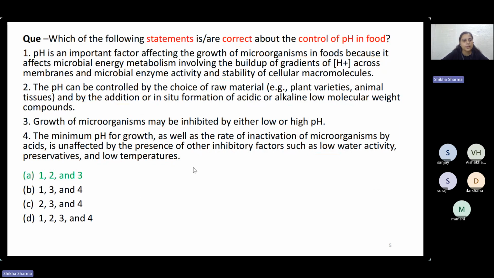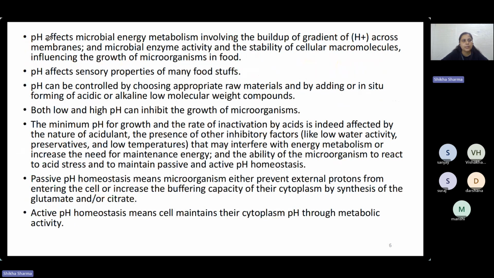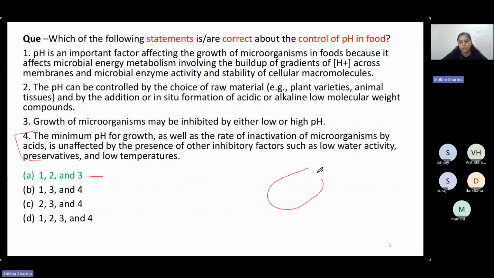A is the correct answer. So 1, 2, and 3 are the correct statements, and the fourth one is the wrong statement. So let's see that basically pH affects microbial energy metabolism. Suppose this is a microbial cell.